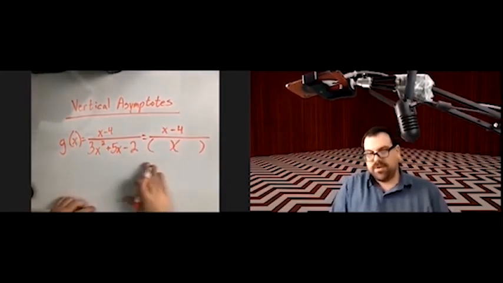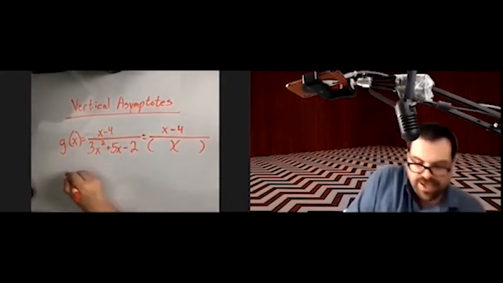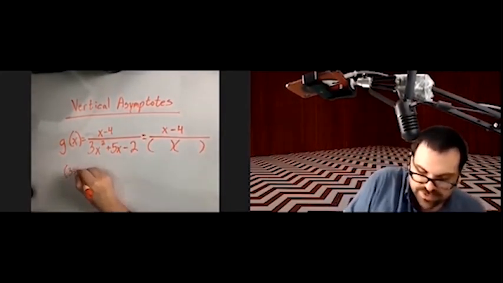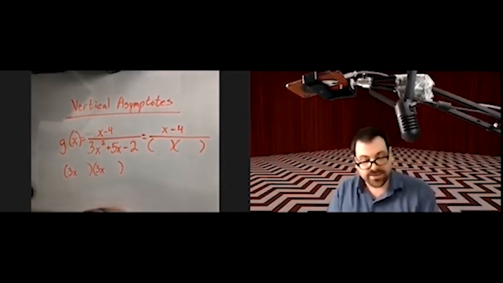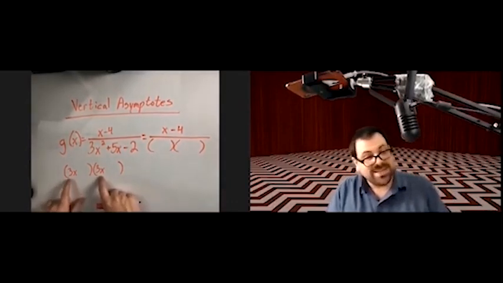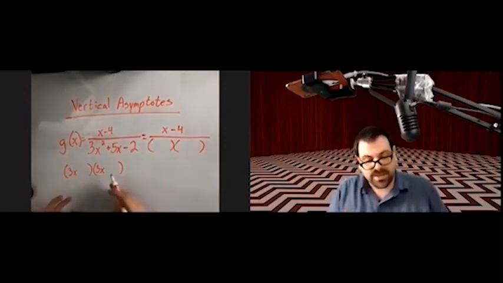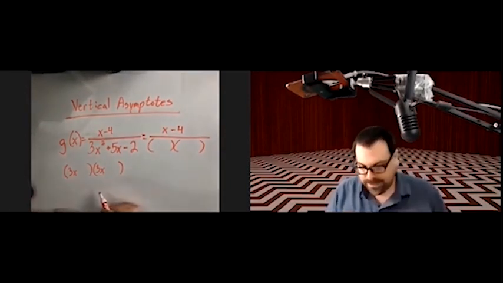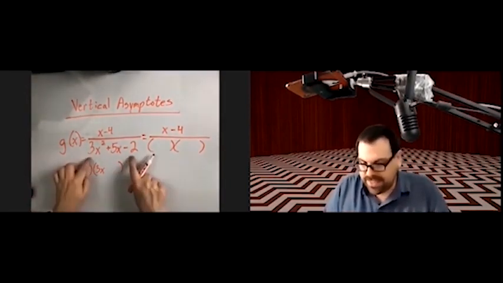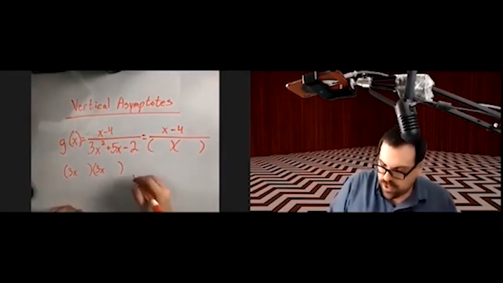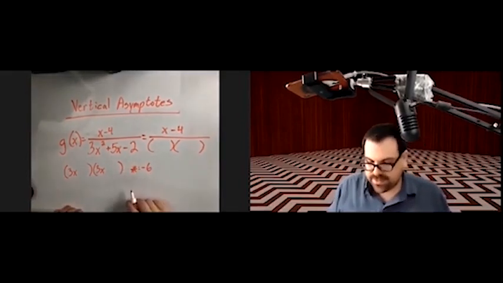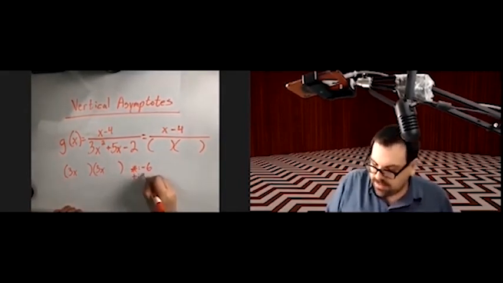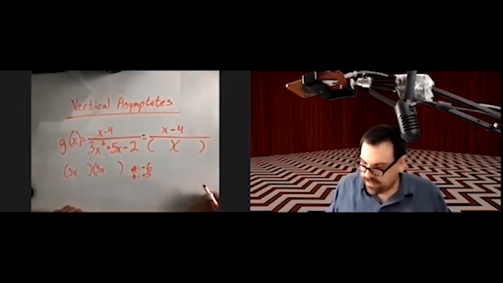Rather than clutter this, I'm going to move off to the side to do my factoring. This is a 3x squared, so the airplane method tells me put in a 3x and a 3x. Since that's actually 9x squared, we know we're going to need a corrective step at the end. Something's going to divide away. A times c, 3 times negative 2. We need numbers that multiply to negative 6, add to positive 5.